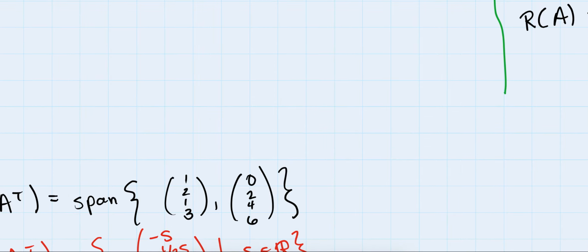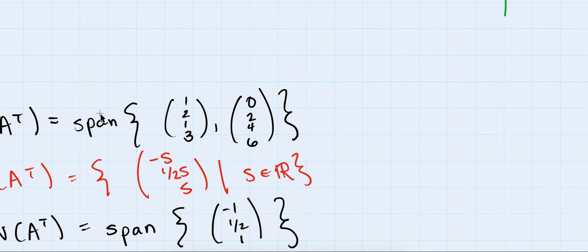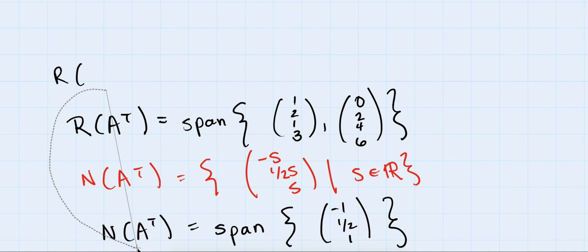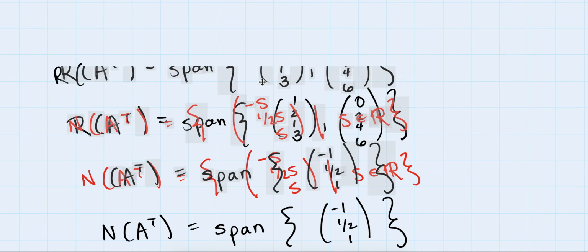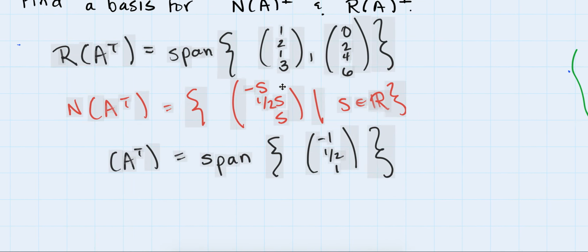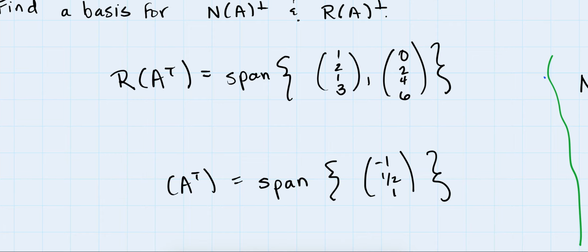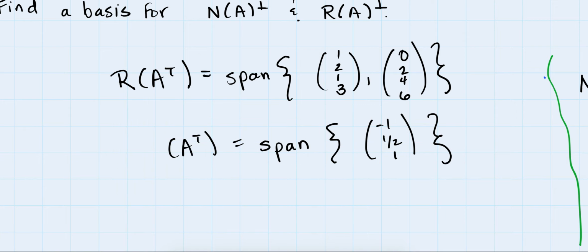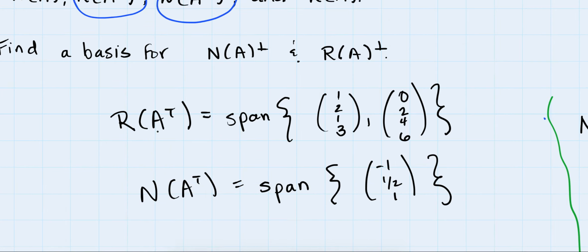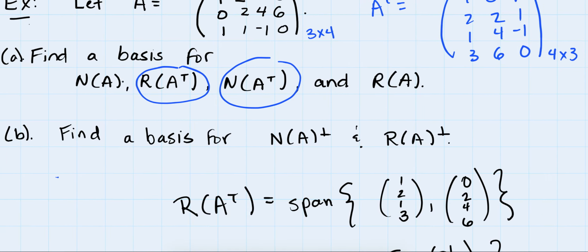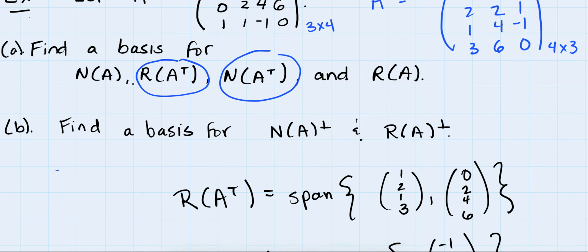Okay, now we found part A, which was to find a basis for the null space and the range of A and the null space and the range of the transpose.